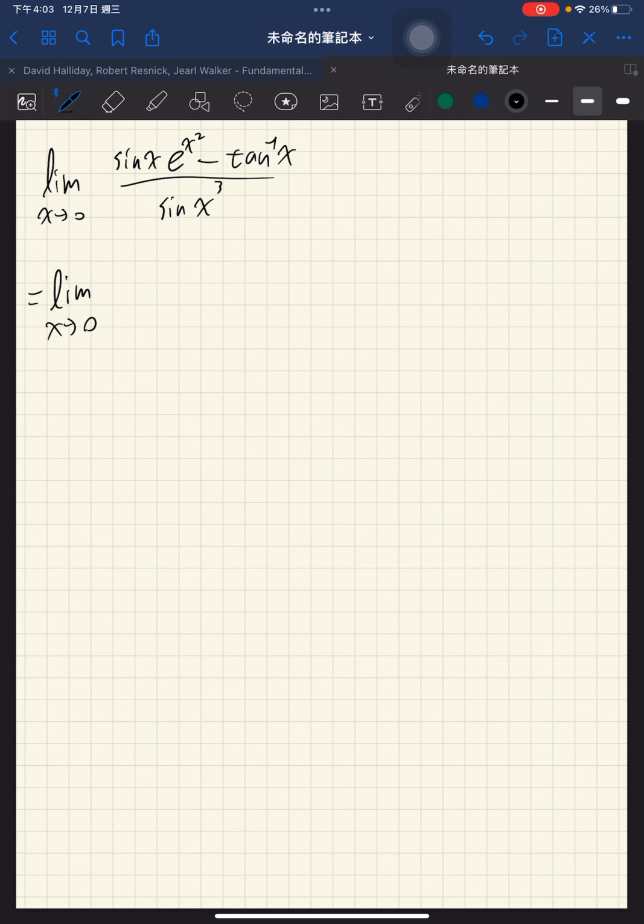So sin x is equal to x minus x to the third power over 3 factorial, and we'll get plus this, and I think this is enough.